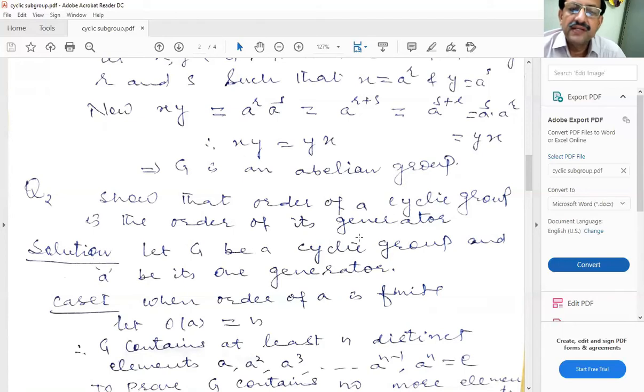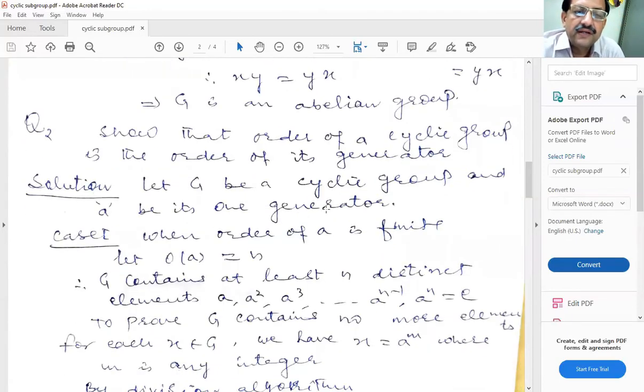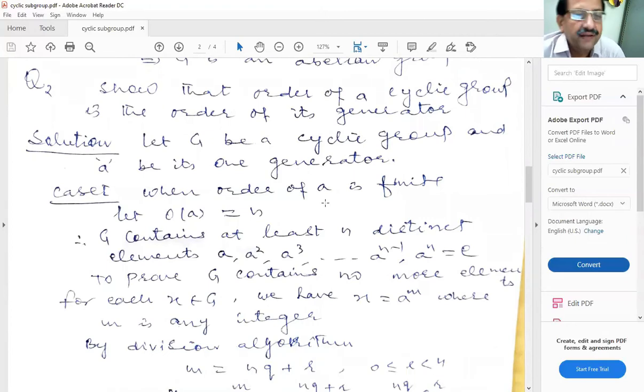So in the solution, let G be a cyclic group and a be its generator. Case 1: when the order of a is finite, let the order of a be equal to n. We suppose the order of a is finite, that means n is finite.